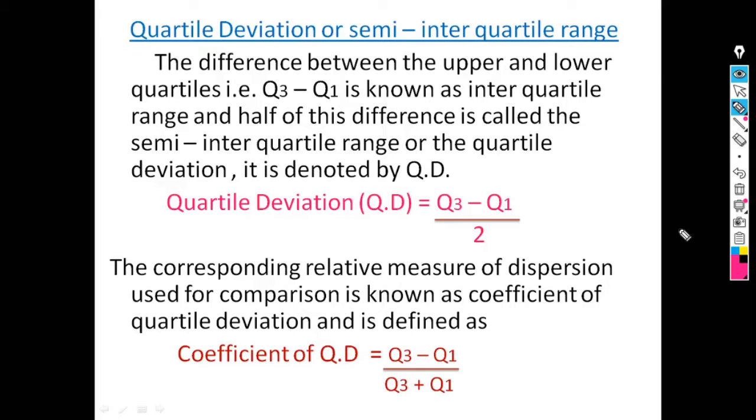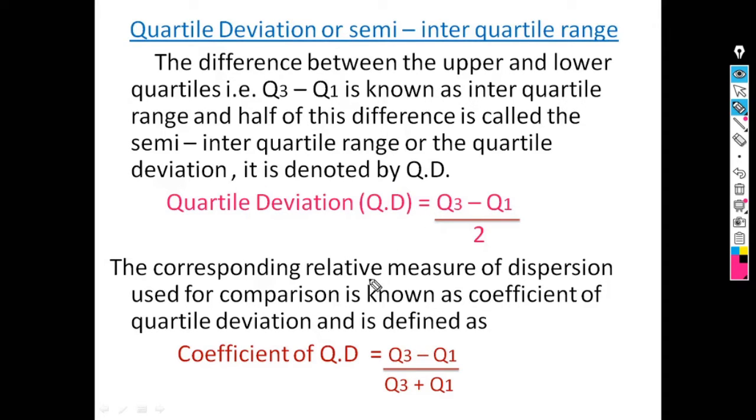This drawback of range is overcome in our second measure of dispersion, that is quartile deviation, also known as semi-interquartile range. Quartile deviation is denoted by Q.D. and it is defined as Q3 minus Q1 divided by 2, where Q3 is known as upper quartile or third quartile and Q1 is known as lower quartile or first quartile.